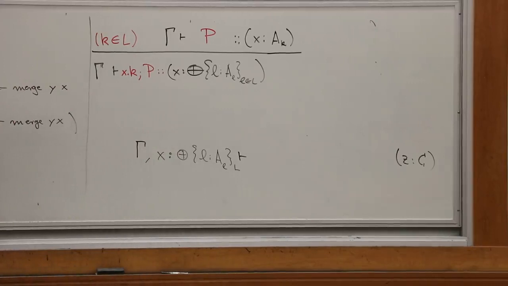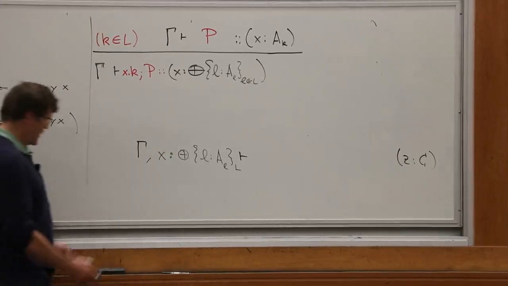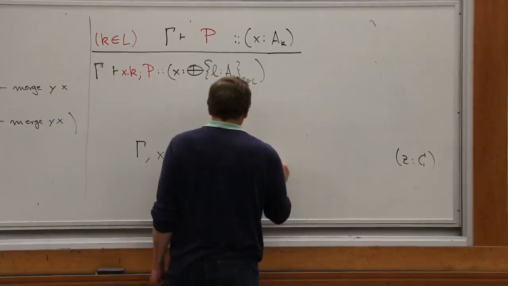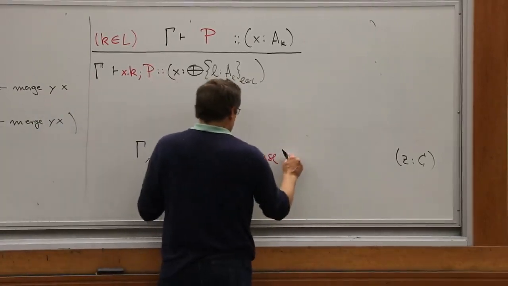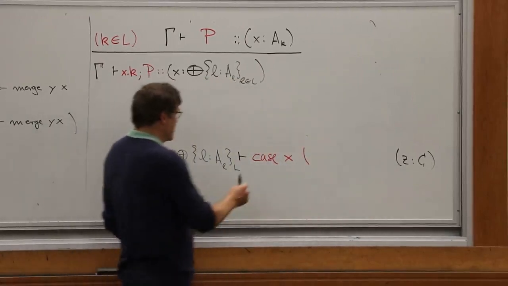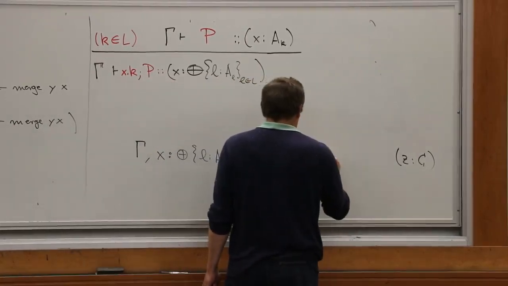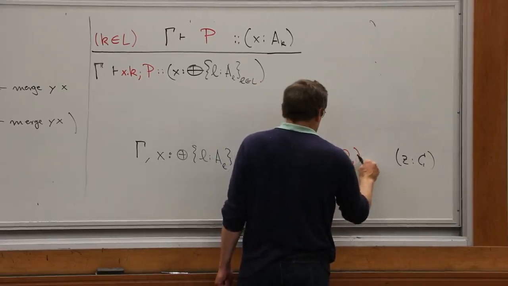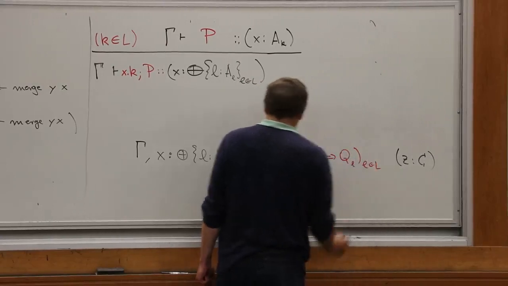That's the usual thing we have in the left rules. And the process expression here is going to be a case on what we see on the channel X. And then there is a whole sequence of alternatives that look like L goes to, let's say, Q sub L for every label in that label set.